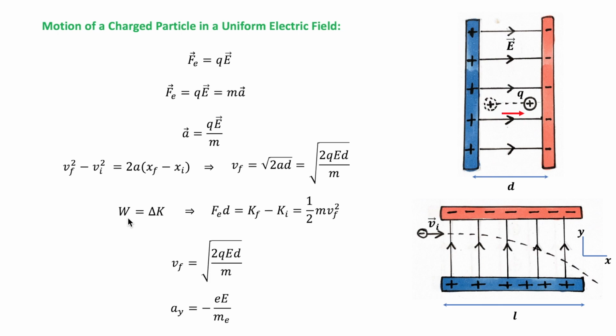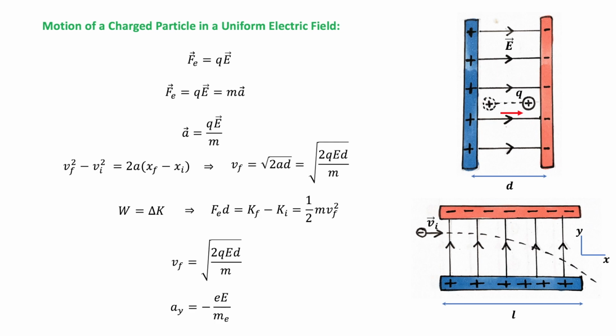The work done by the electric force on the charge is equal to the change in its kinetic energy. So the work done is FeD after it has moved a distance d, and its K initial is 0 because it was released from rest, and this will give the same final velocity as if we use the kinematic equation.